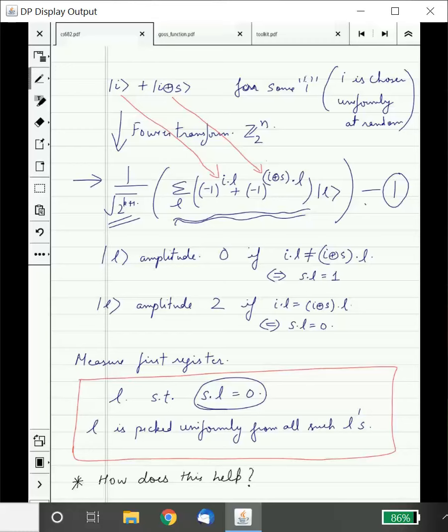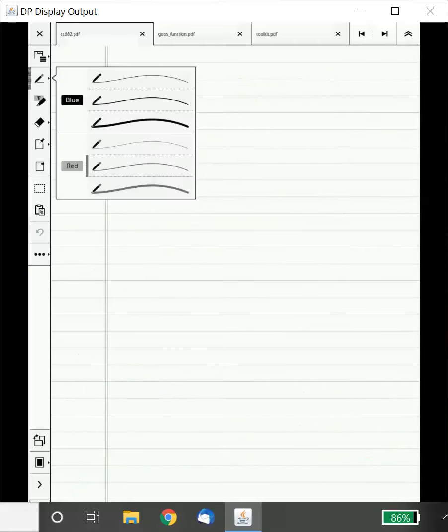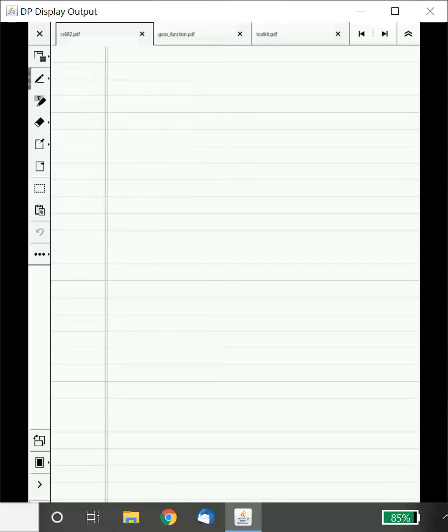Clearly, L dot S equal to 0 gives us some bit of information about S. Specifically, it gives me a linear equation. You might ask, linear equation over which field?